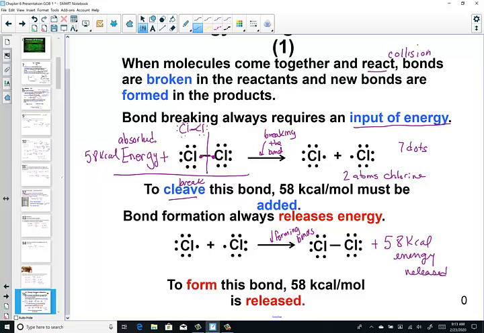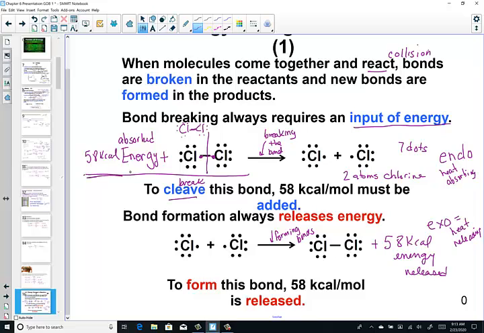We will learn that if energy is required to make a reaction occur, we call that endothermic. And if energy is released through a chemical change, we'll learn to call that exothermic, heat releasing. And here it would be heat absorbing. And I really like placing these on the left side of the arrow for endothermic.